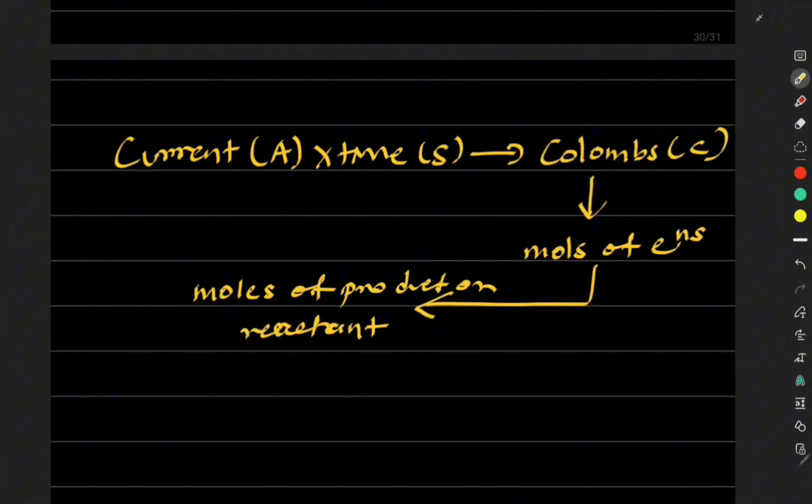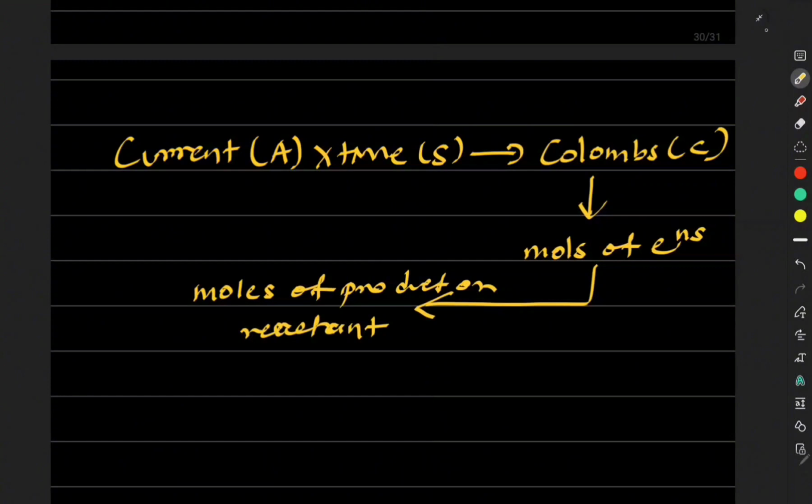Here we can multiply the current by time and find the charge, and you can divide the coulombs by the Faraday constant and find the moles of the product and reactants.